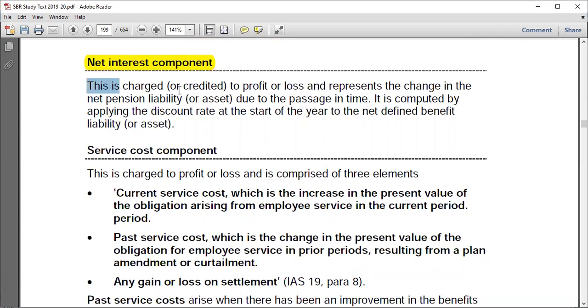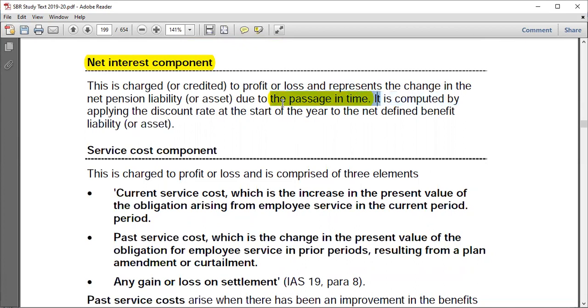So that's why we say this is charged to profit or loss. We spoke about that already, and it represents the change in the net pension liability or asset due to the passage of time. Simply speaking, it's due to time value of money. Putting things in words sometimes becomes difficult. You may not understand if they just say passage of time, but it's a simple concept of time value of money.